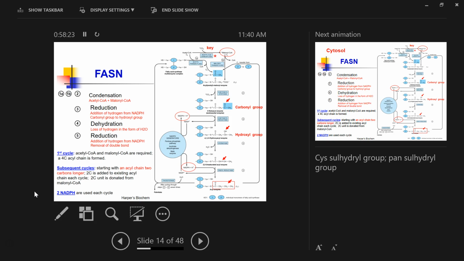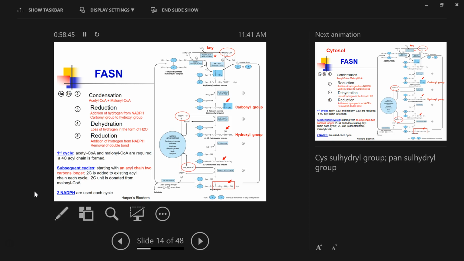So this is the first cycle of fatty acid synthesis, and it requires one acetyl-CoA molecule, one malonyl-CoA molecule, and 2 NADPH for the reduction reactions.